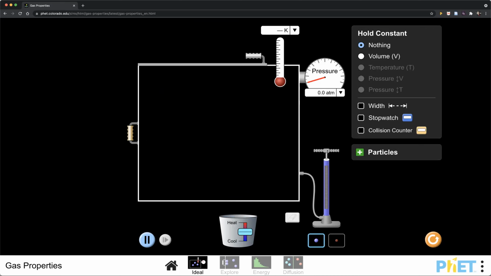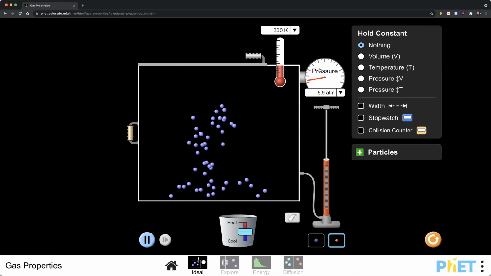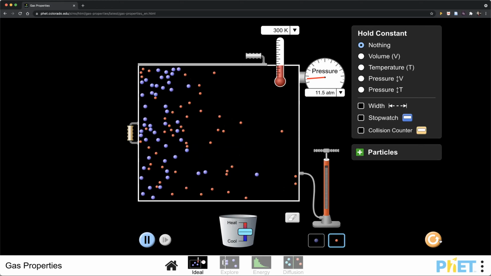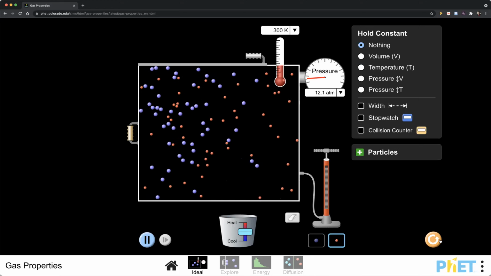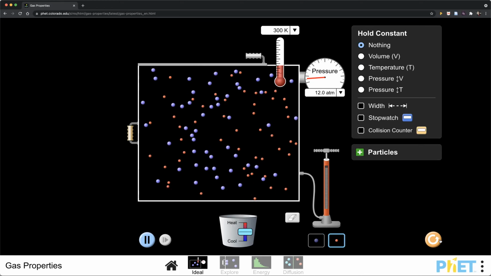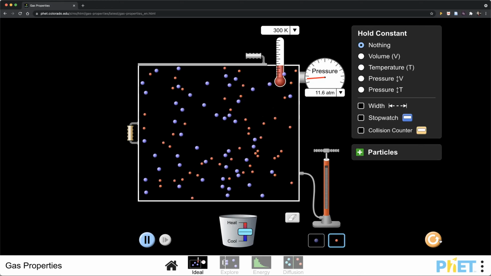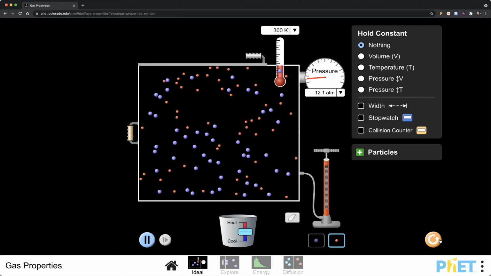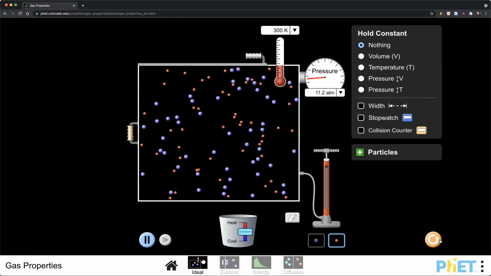And we're going to pump in some more purple. But this time I'm going to also pump in some red. At this point, don't worry about the pressure. What I want you to tell me is what can you say about the purple versus the red?